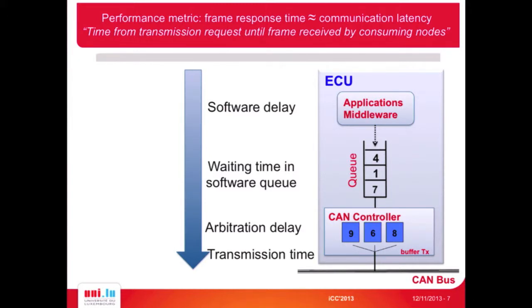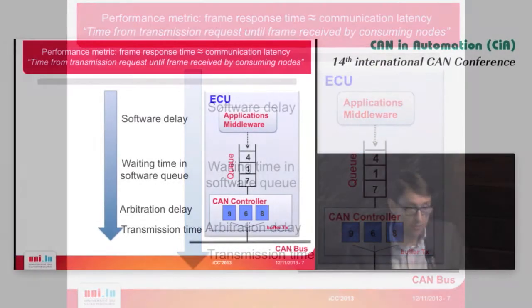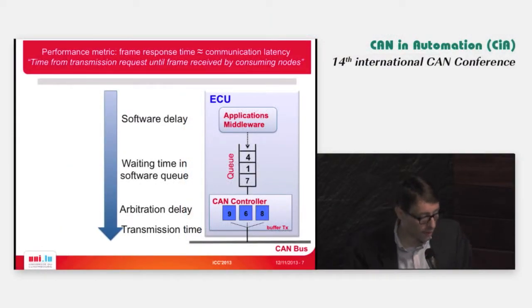And then when there is an empty transmission buffer at the communication controller level, the frames are forwarded to the transmission buffer and they can participate in the arbitration. It takes some time because the frames might not be the highest priority at the time. And then, of course, when the arbitration is won, the transmission time. So those are the 4 parts.